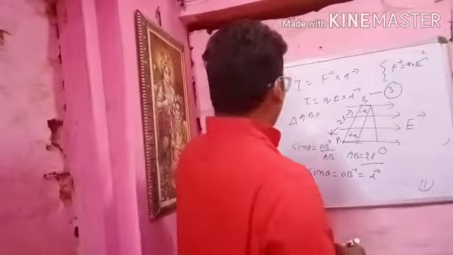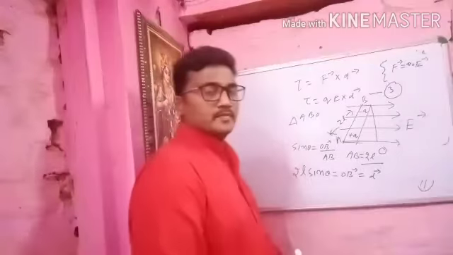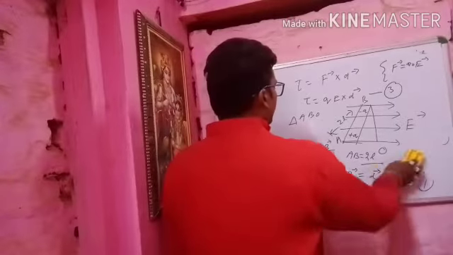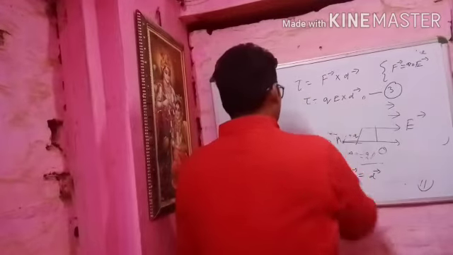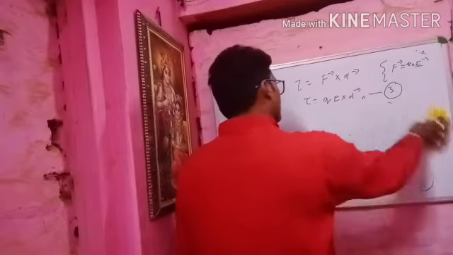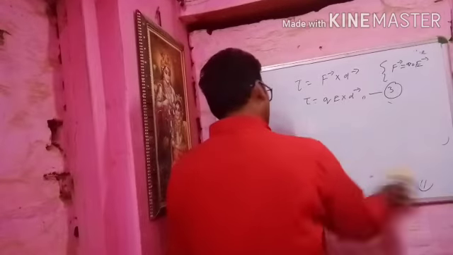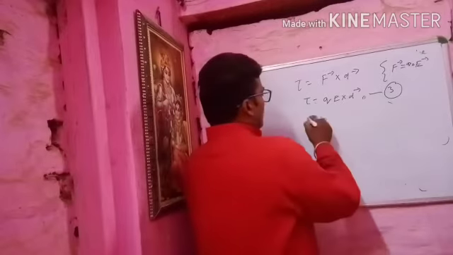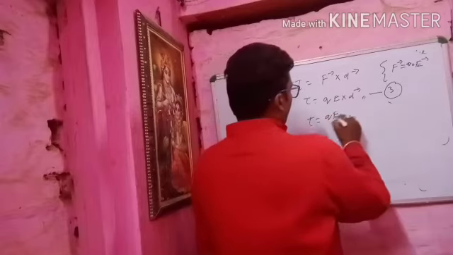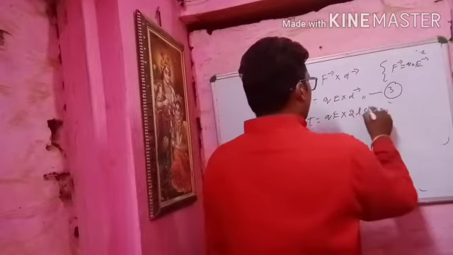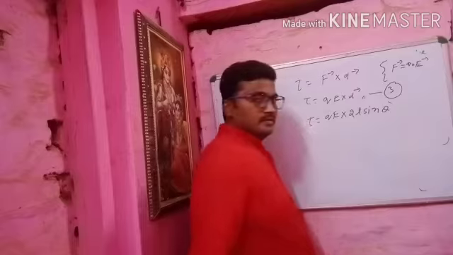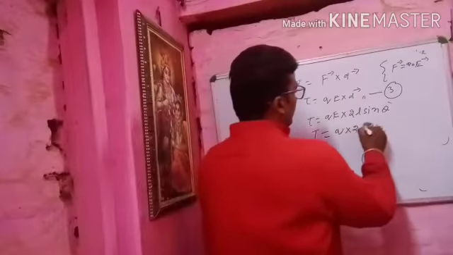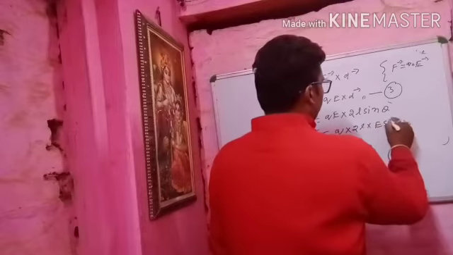Now we put the value of the displacement in equation 3. Tau is equal to qE into 2L sin theta. That is, q into 2L into E sin theta.